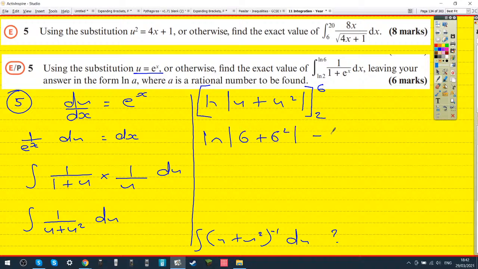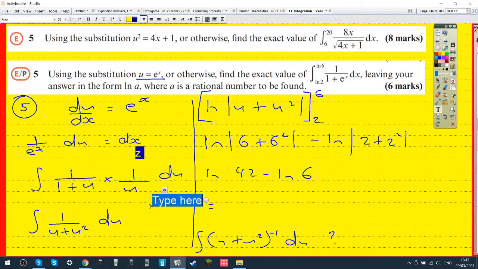And this one, maybe I'd better. They want an exact answer. What is that? That's ln 36, ln 42 minus ln 6. What is that? I don't get an exact answer.